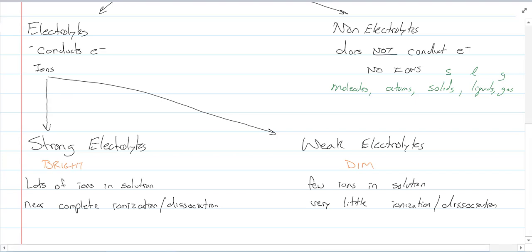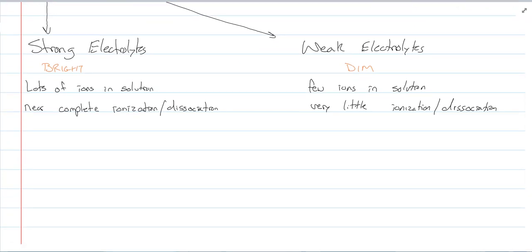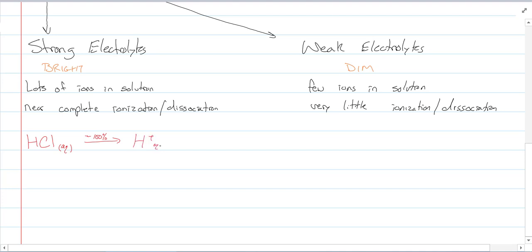So what is this ionization or dissociation I'm talking about? Well, let's look at a strong electrolyte like HCl. We say this is near about 100% or so. All right, it's strong, going to H plus and Cl minus.